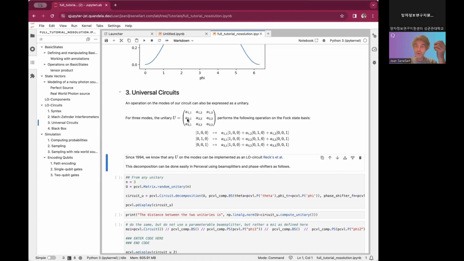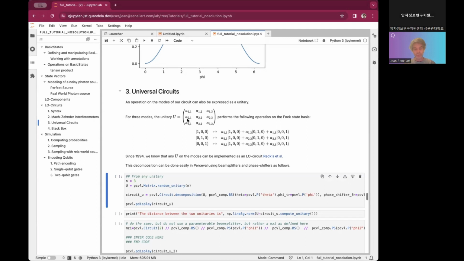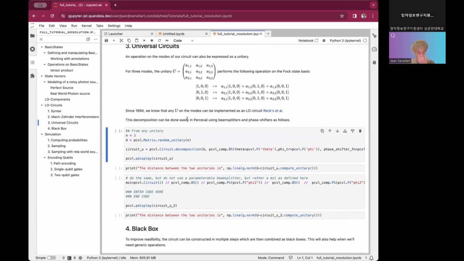So you need to compile your circuit to go on the photonic chip. And to do that, we take your circuit, we compute the unitary, and then from the unitary, we find the circuit that corresponds to the physical hardware. So it's an operation that is going on in the background that you don't even see, but that is happening every time we're running a circuit on the QPU. So how do we do that?